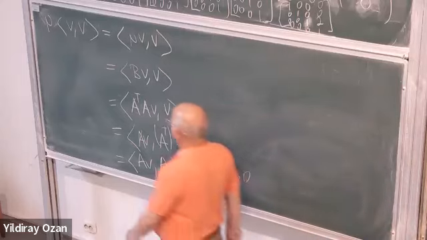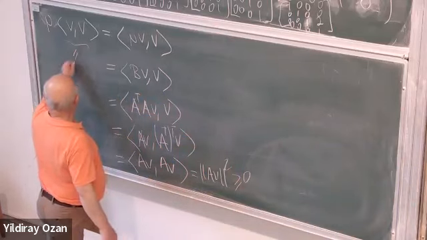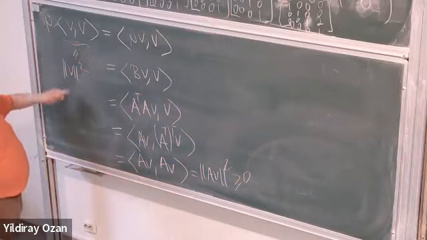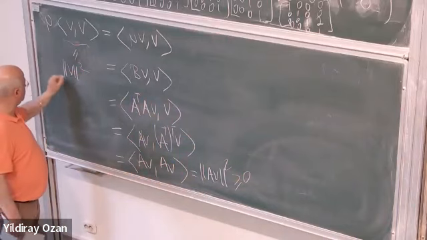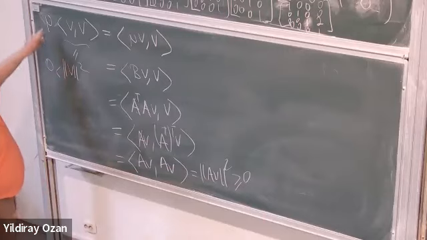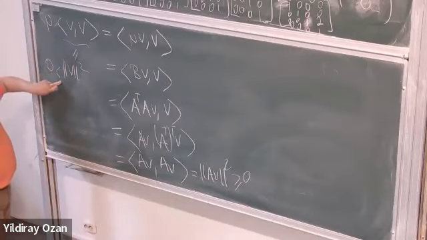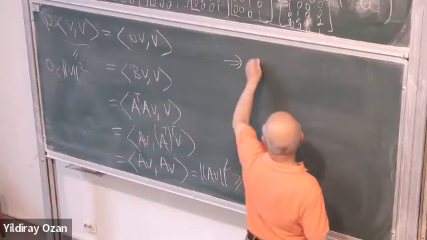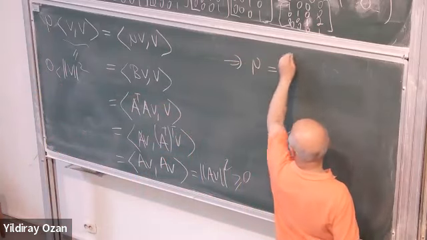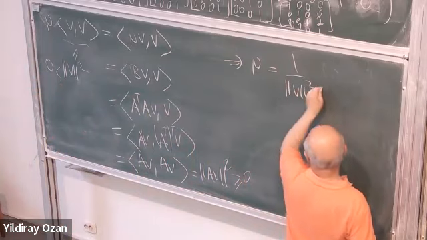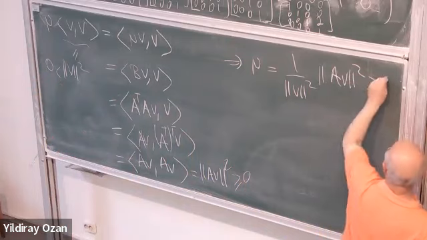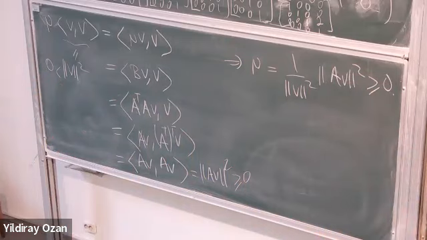And this thing is, of course, norm B squared. And it's an eigenvector, therefore this is a positive number. Mu times a positive number is non-negative. So this implies mu, which is just 1 over norm B squared times norm A B squared, is non-negative. So the eigenvalues are always non-negative.